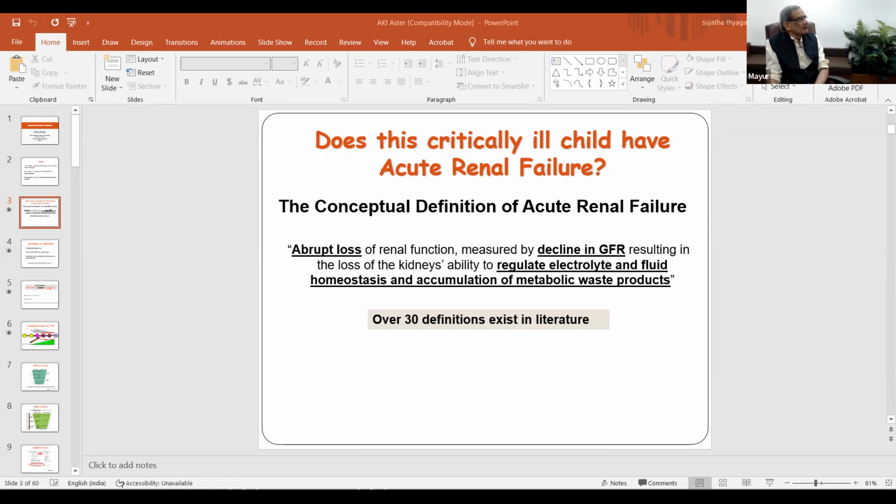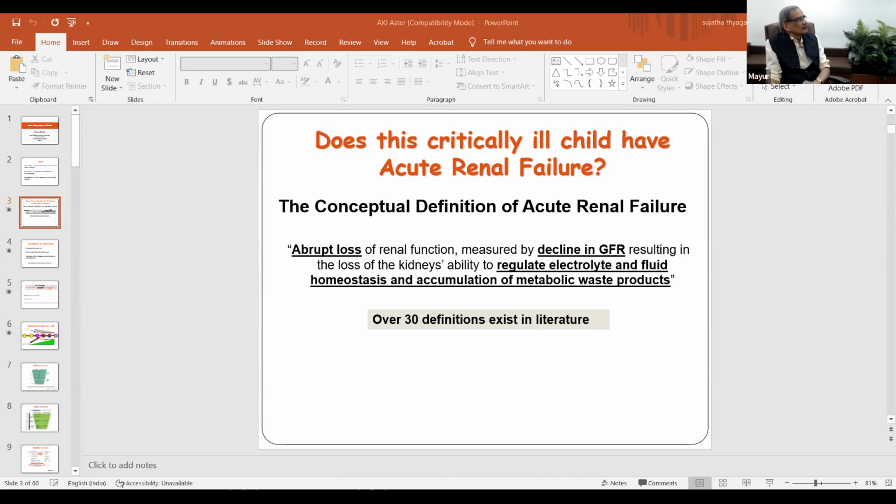If the child is volume depleted, the kidney, which is normal to begin with, will try to retain salt and water, and the child will become oliguric or oligoanuric or even anuric.